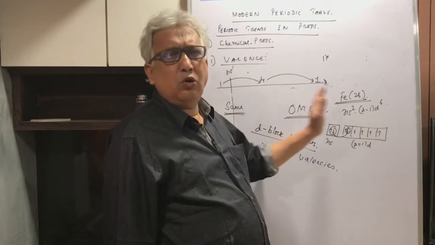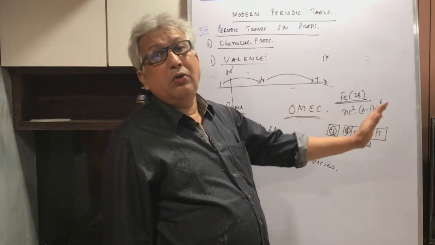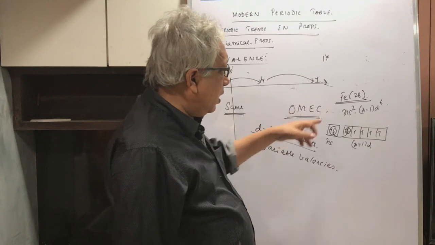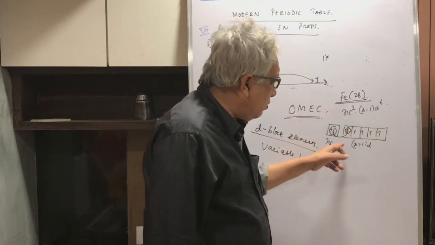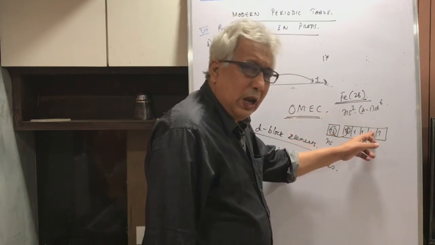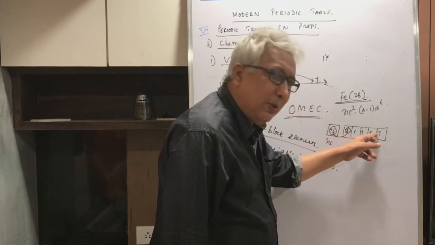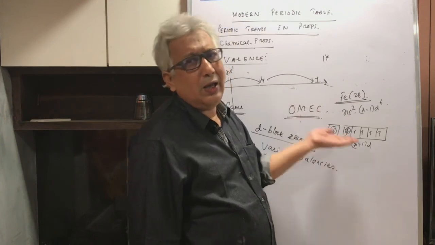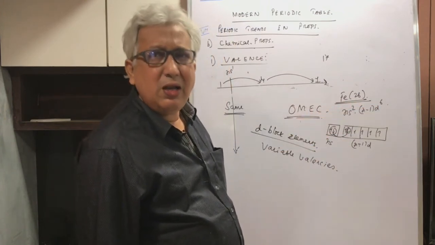Of course, they are not very common, but it can show variable valences. Is it clear to you? So in d block elements, because they can shift the electron from the s orbital to d, and in d there are many orbitals, one by one electrons can be shared or lost, and hence they can show variable valences.